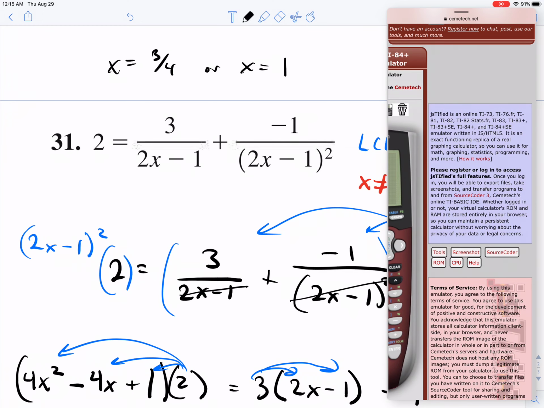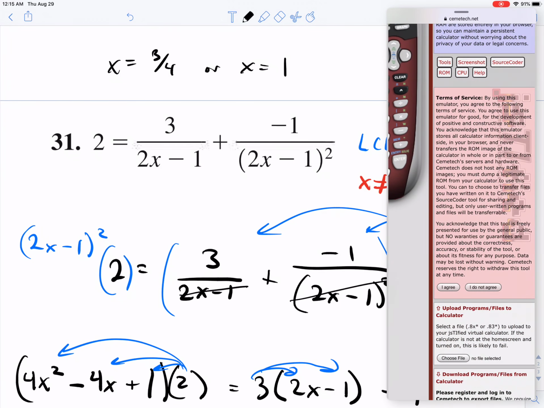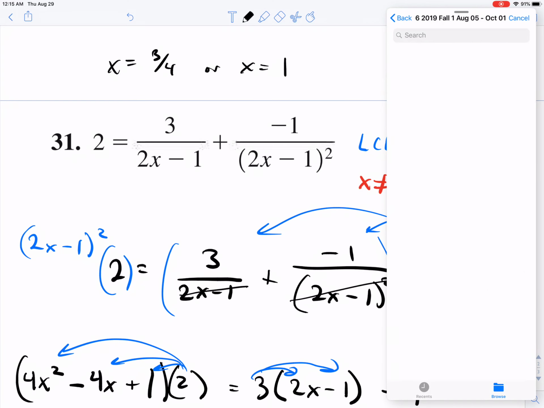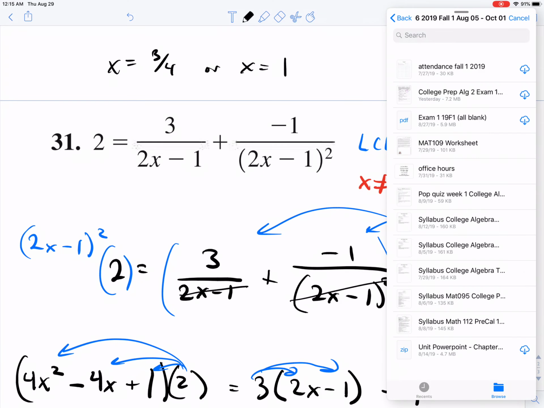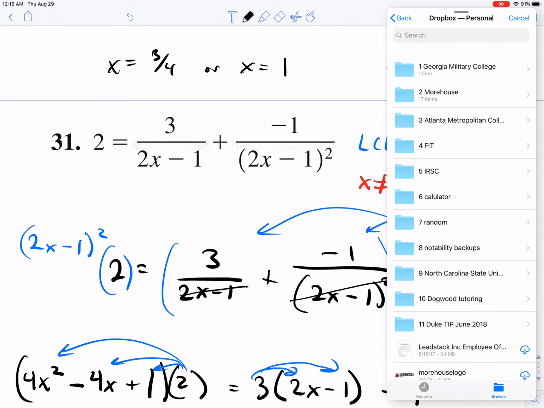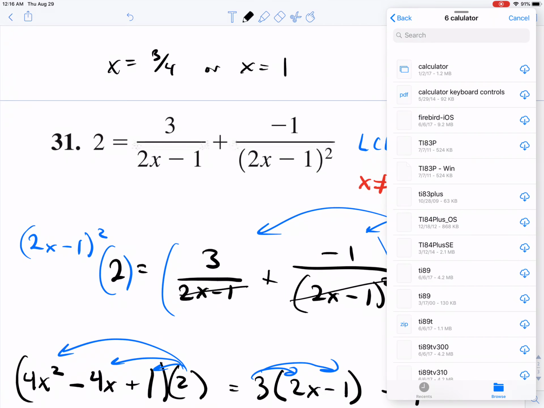I got to reload my calculator. I think it's like here. Oh, I think it's here. And I think it's this one.